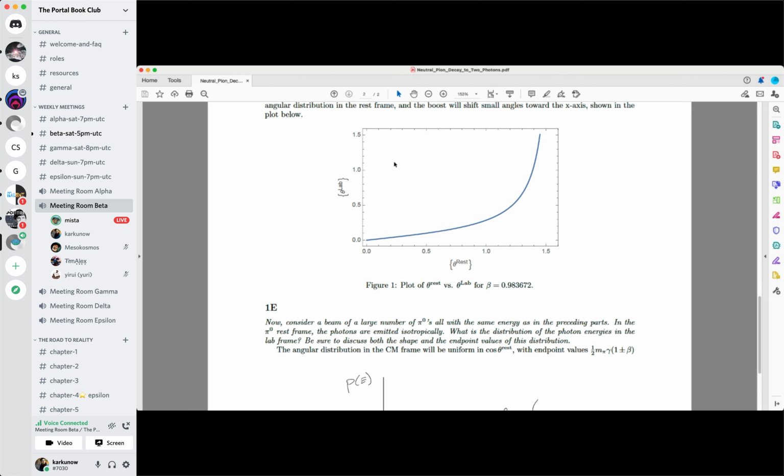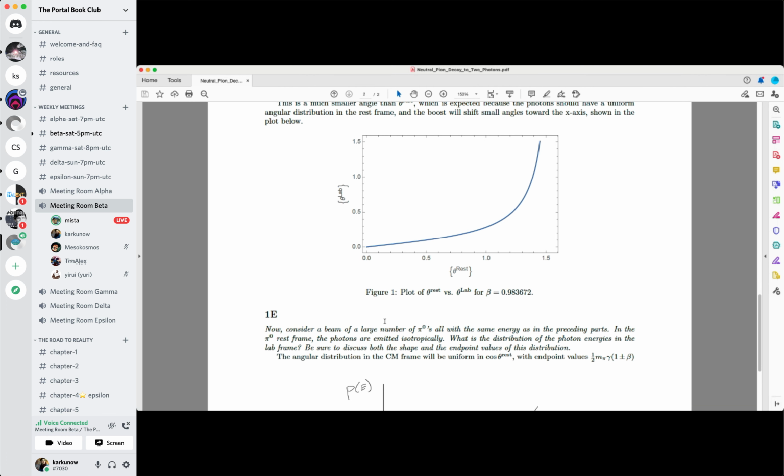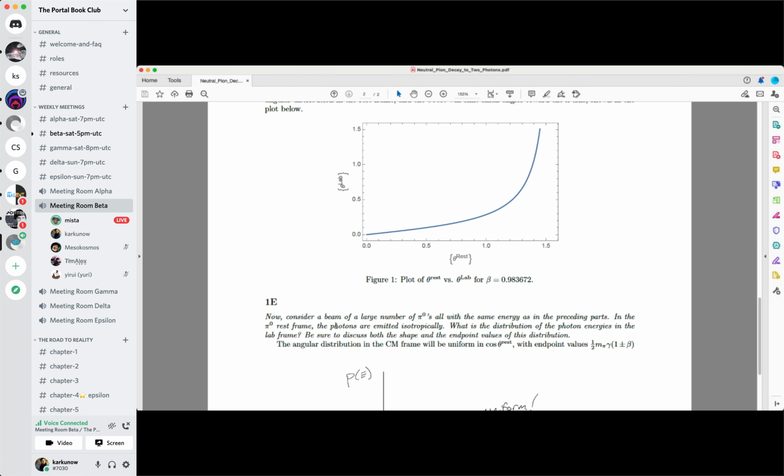So this sort of gets to the part that you're asking. So now we consider a beam of neutral pions, all with the same energy. In the rest frame, as we've been talking about, there's no angular distribution; it's just uniform. So now it's asking, well, what is the distribution of energies in the lab frame?